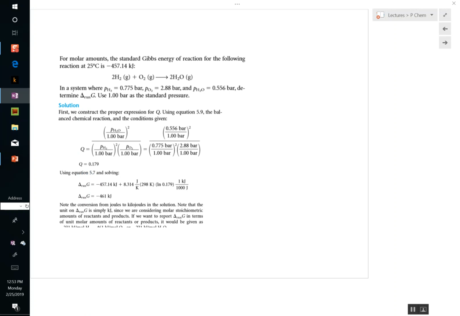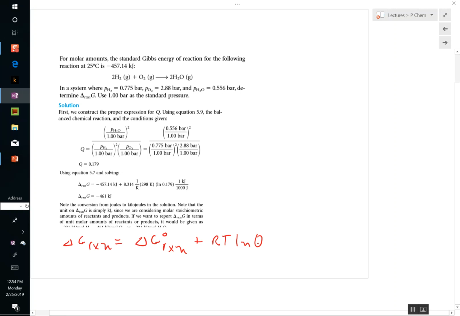So that is being plowed into that equation I just showed you. Delta G of the reaction is equal to delta G naught plus RT ln Q. So this is just a general situation. We're going to start drilling down to something more specific.